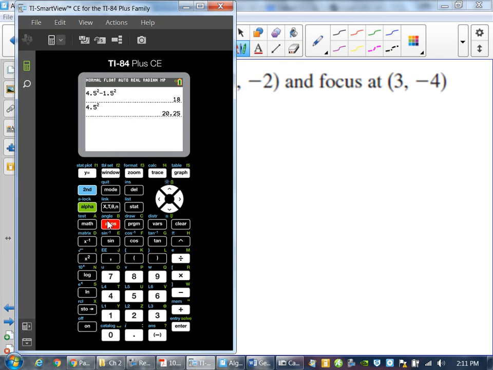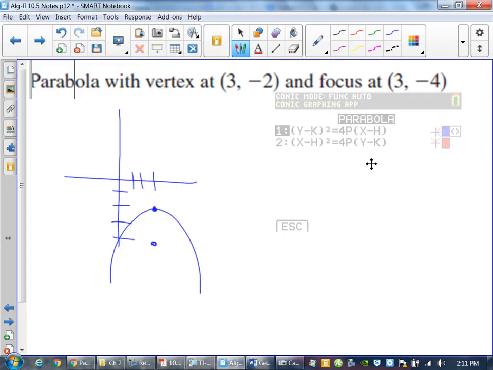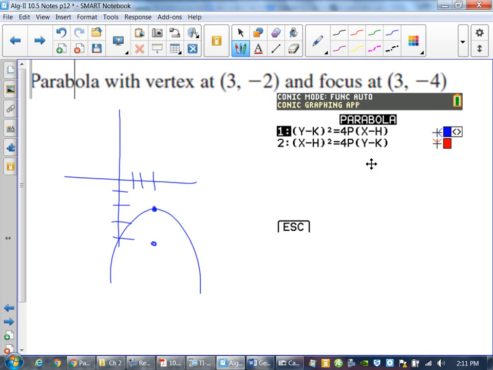So I hit my button that says apps, conics, and I look at my parabola. The vertex for a parabola is the center. There's H and K. I know it's going to be here.